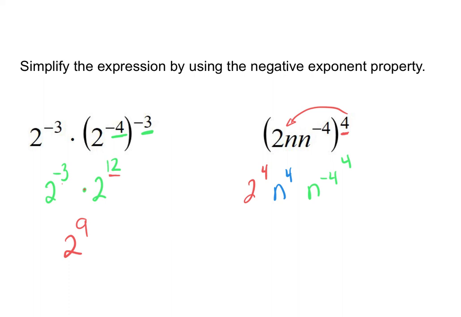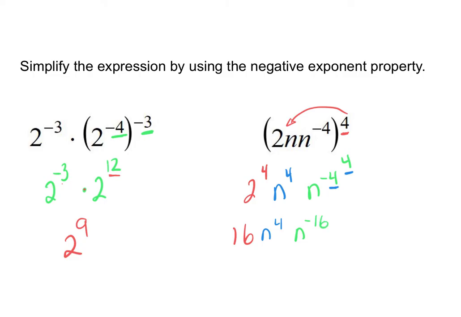So that's going to simplify into 16. n to the 4th power is just n to the 4th power. Nothing we can simplify as of yet. Power to a power means to multiply the exponents. So negative 4 times 4 is negative 16.